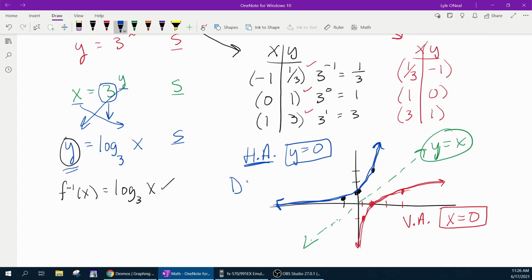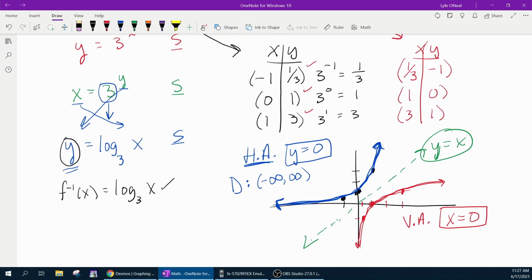The domain in interval notation of the exponential graph is going to be -infinity to infinity. And that's because this graph will go forever to the left, and as it comes up, it's also going to continue to scoot over and go to the right forever.